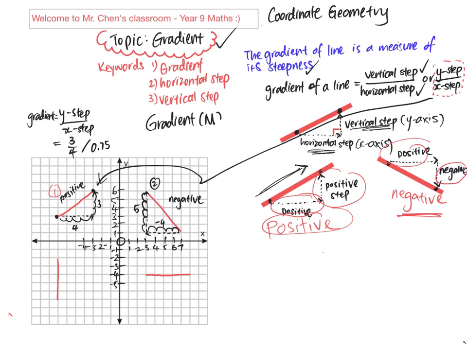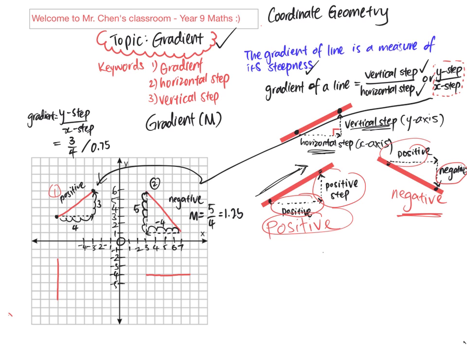So m is equal to y step, which is your vertical, which is 1, 2, 3, 4, 5, so 5, and your x step is 1, 2, 3, 4, so 4. So 5 divided by 4 is 1.25 after the calculation. So your gradient for number 2 is 1.25.